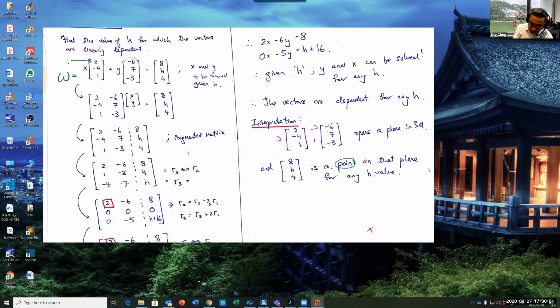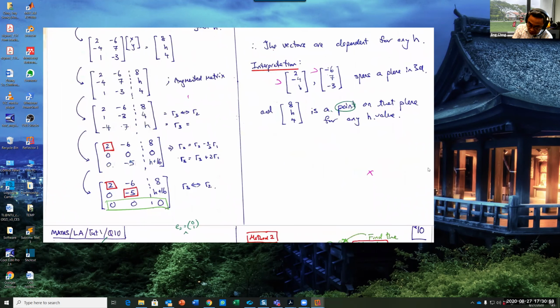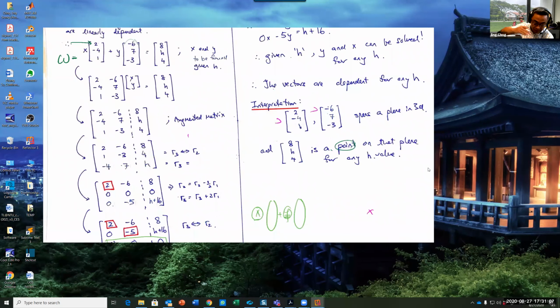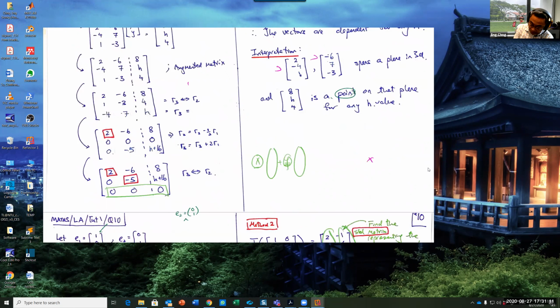No, because you see, we are only given 2 columns. Therefore we have no free variable. We only have x and we have only y. And then we are asked whether the last column is dependent on the first 2 columns.